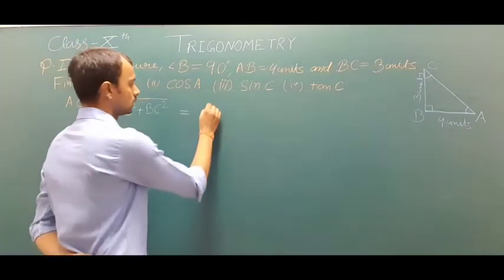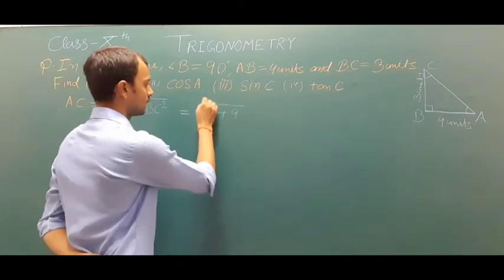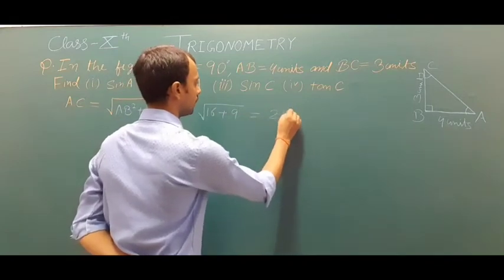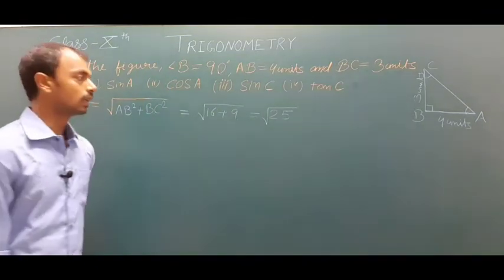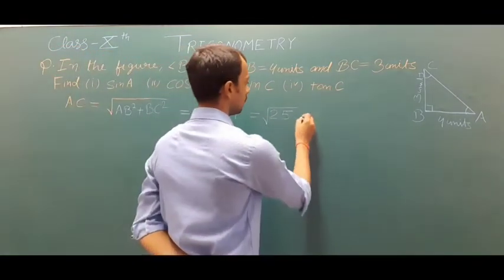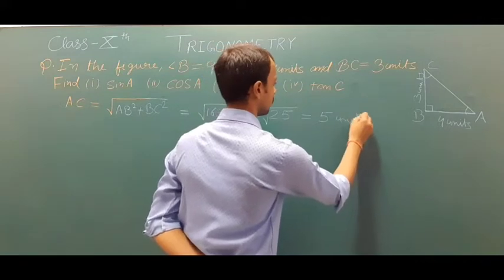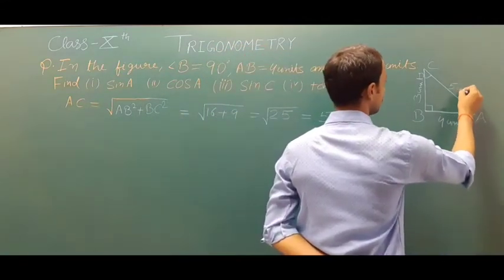AB square is 16 plus BC square is 9. Now this is under root of 25. We are using Pythagoras theorem. Okay, so under root 25 is 5 units. So this is 5 units.